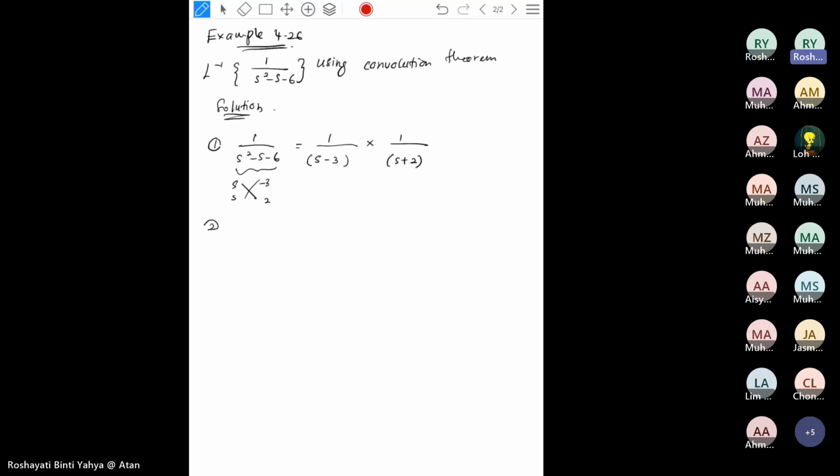Then choose your F(s). So F(s), the first one, I choose this as F(s) equals 1 over s minus 3, and then G(s) equals 1 over s plus 2. Number 3, the inverse Laplace transform of F(s) and G(s).